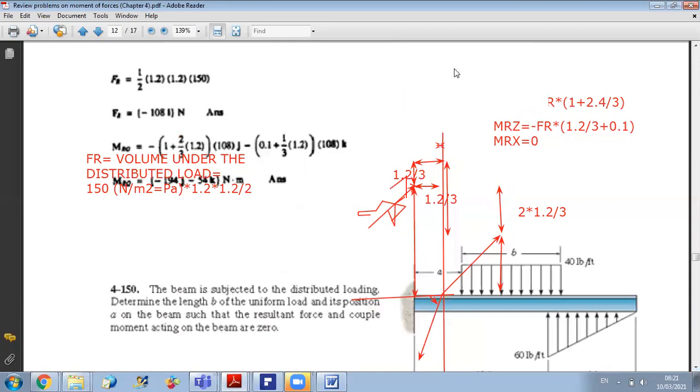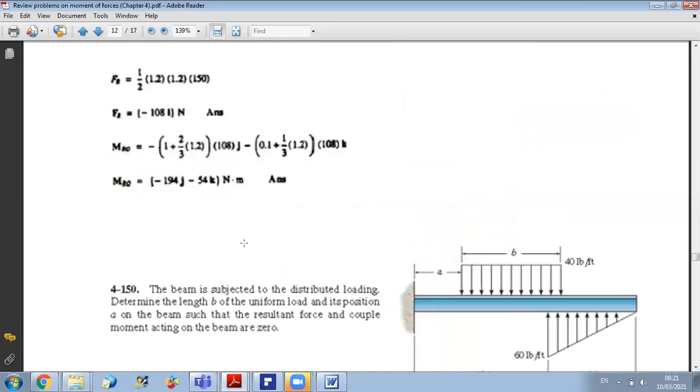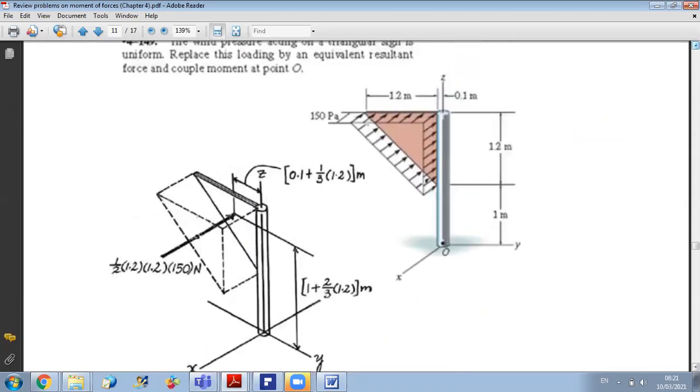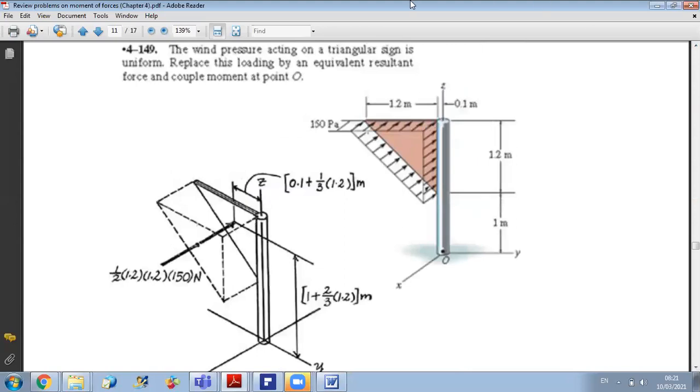If you want also another method, they did the vectorial method, okay? You can also do it here, because in 3D we said that we can do the right-hand rule method, or also we can do the vectorial method because it is easier than doing the right-hand rule. So if you want to find the moment about O, what can we do if you want to do the vectorial method? If I go back to my figure, okay, we said that the point of application of the force is known.